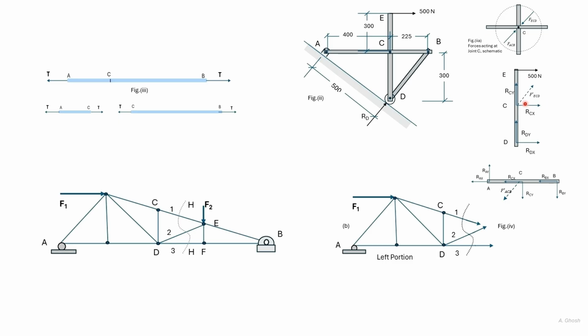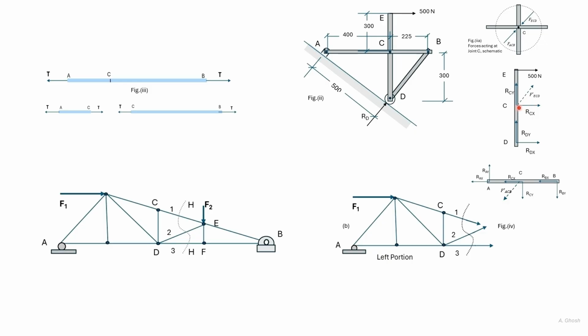We do not know the direction and the magnitude of F dash ECD to start with, and we represent the force arbitrarily by taking RCY and RCX in any direction we choose. However, we know that F dash ACP will be equal and opposite to F dash ECD.